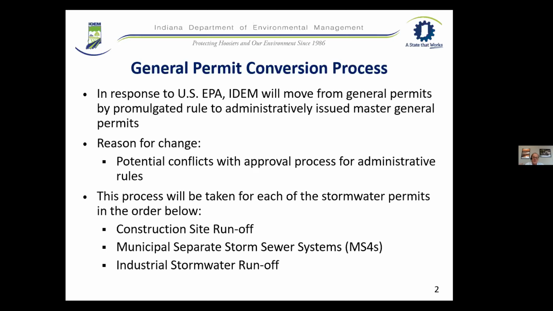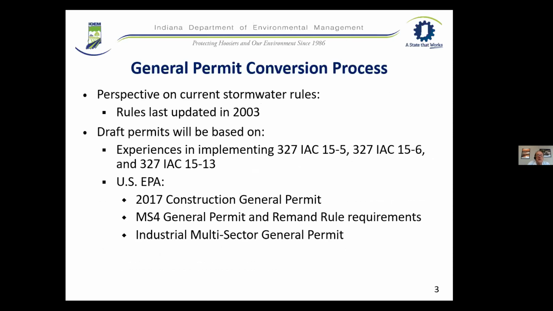The other part of the process is that we haven't really updated the stormwater regulations since 2003. There have been some minor updates, but overall, construction stormwater, municipal stormwater, and industrial stormwater have not been updated since 2003. So as I said, last time we updated everything was 2003, with the exception of a few minor changes.